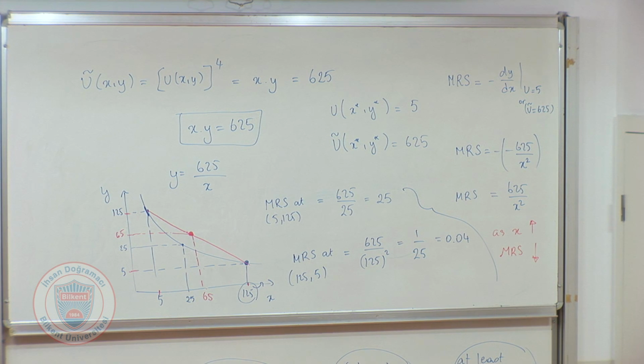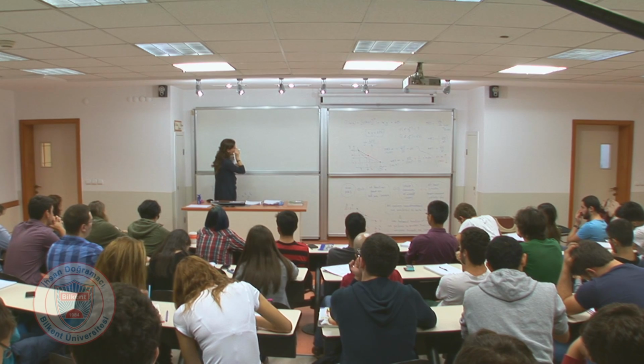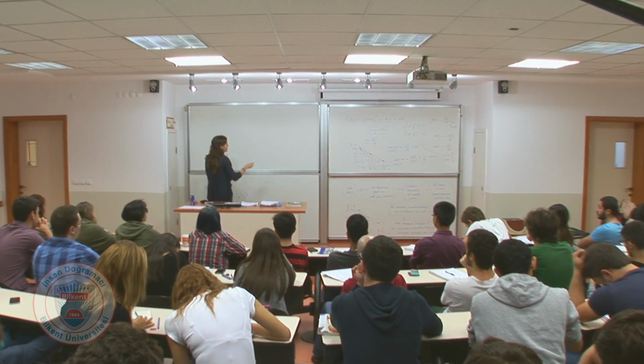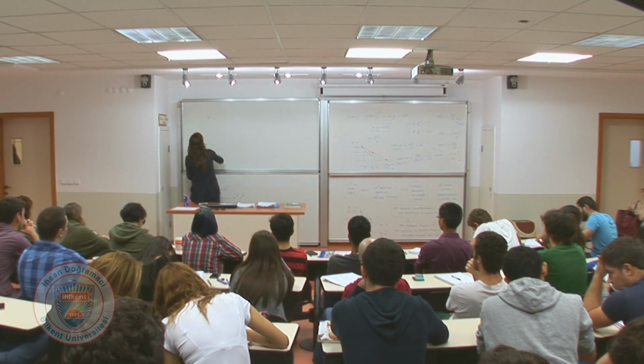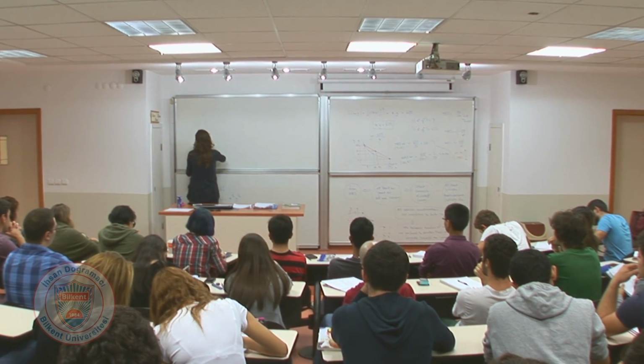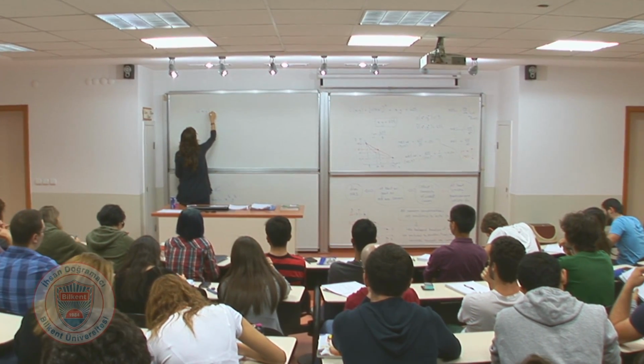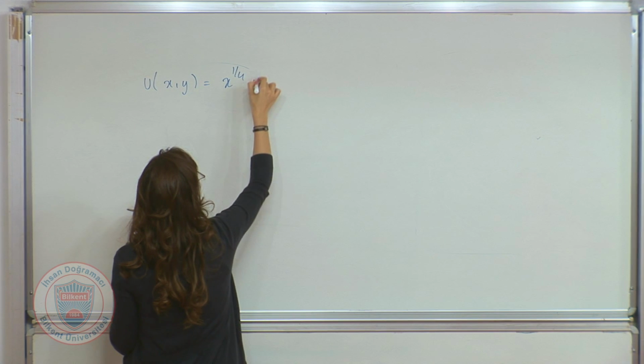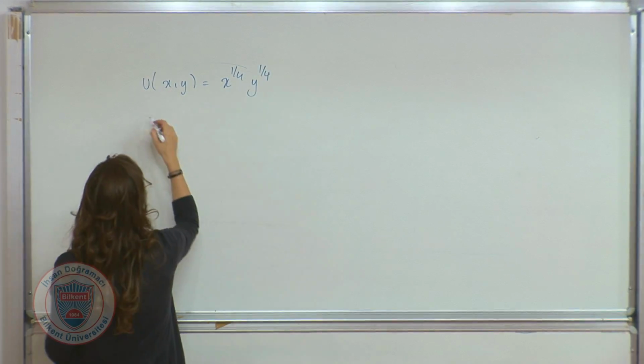Let's check. So what about the utility at that point, right? Suppose we know that utility of xy is x to the power 1 over 4, y to the power 1 over 4, right?